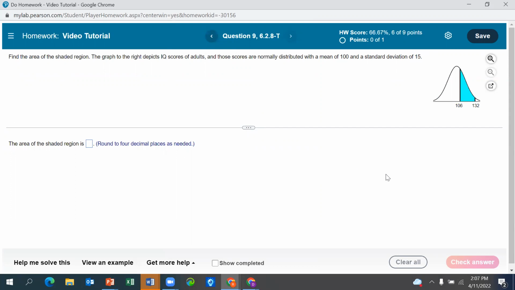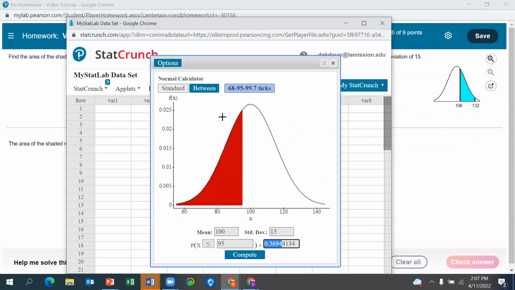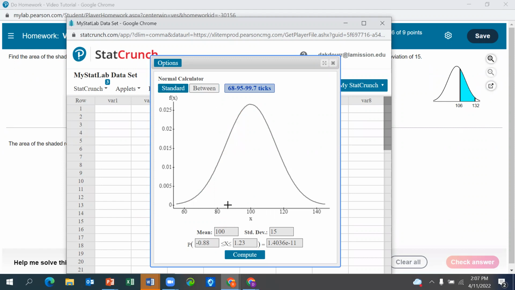Okay. Let's do another problem, the same type of problem. We are dealing with IQ scores, except now they want us to find the probability in between two values. So let's go ahead and do this. We're going to be using the same here. You might want to change it now to in between. The mean is 100, standard deviation is 15.